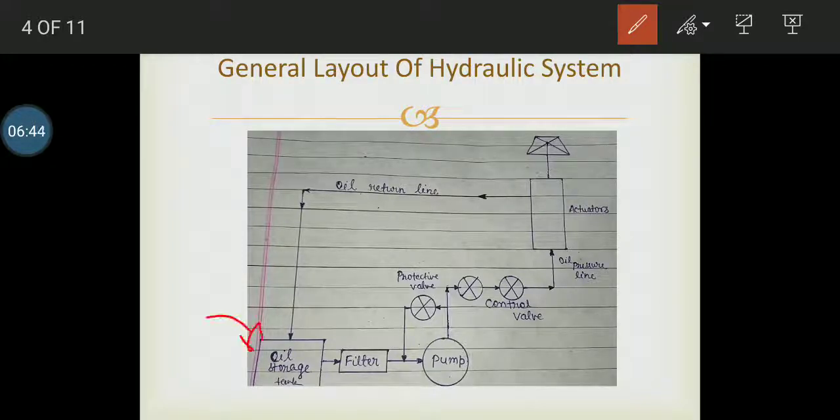The oil storage tank, which we even say as a storage tank, is actually a storage in which the fluid is stored for an appropriate time. Suppose I need the fluid to be stored for 6 months or 10 months or even 2 days. For the period which is decided, the fluid will be stored in that tank, and accordingly we can use it for our processing, for generation of the pressure.